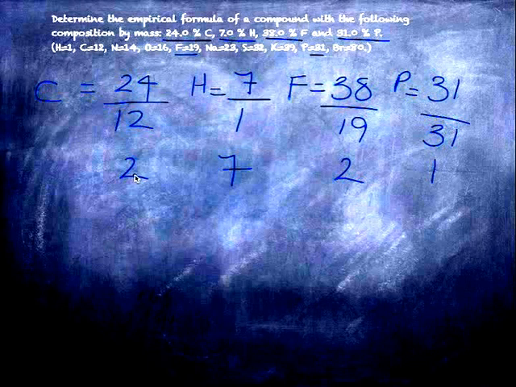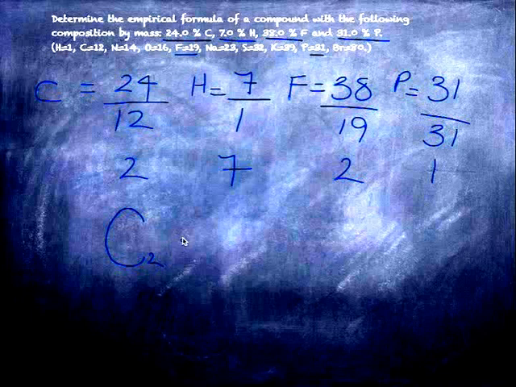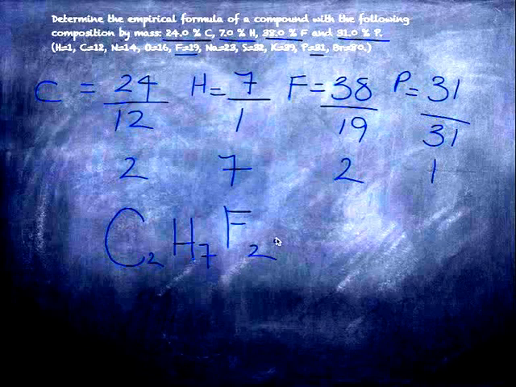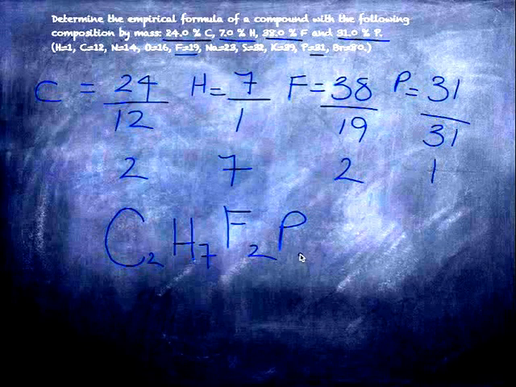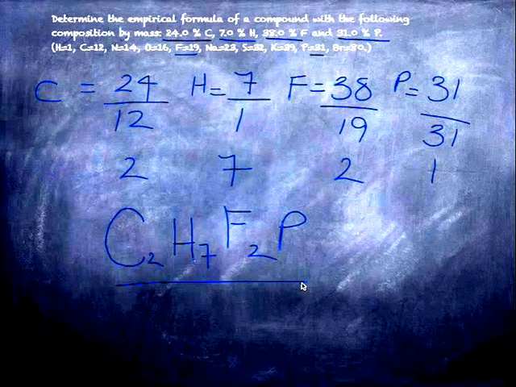So we have 2 moles of carbon, 7 moles of hydrogen, 2 moles of fluorine, 1 mole of phosphorus. So our empirical formula will be C2H7F2P1. But because it's 1, we don't need to show the 1. So again, there's our empirical formula. Pretty straightforward.